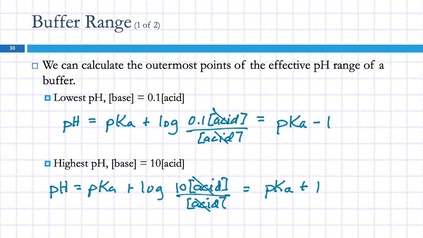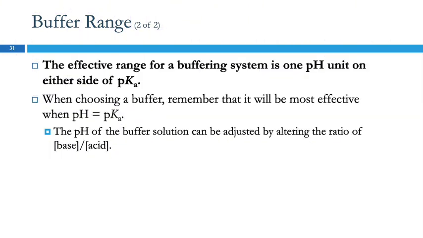Not going to make you calculate that on a test. So the effective range of a buffer is its pKa plus or minus 1 pH unit. Another highlightable statement. So effective range for buffering system, 1 pH unit on either side of the pKa.